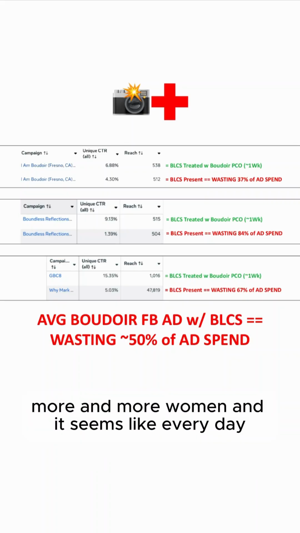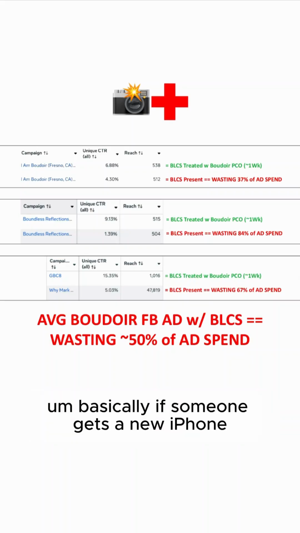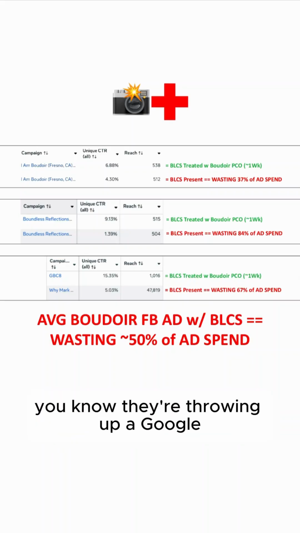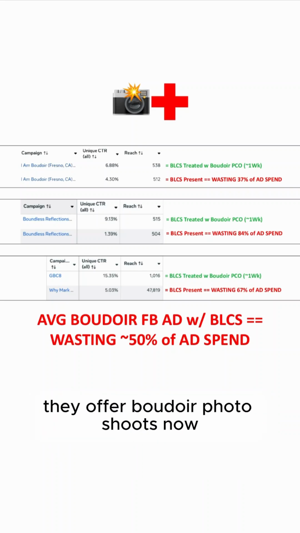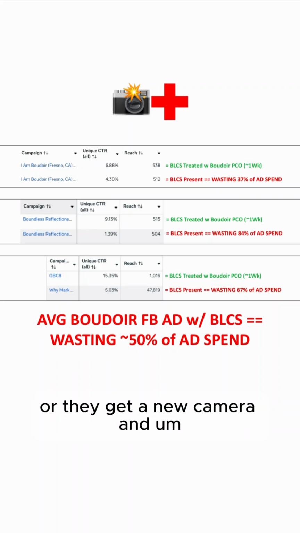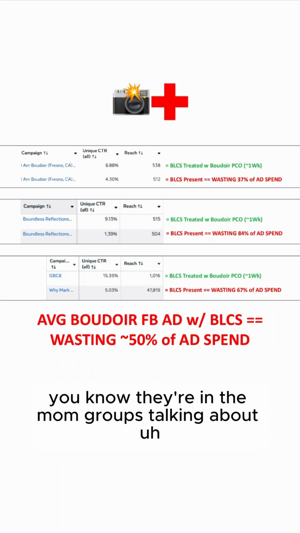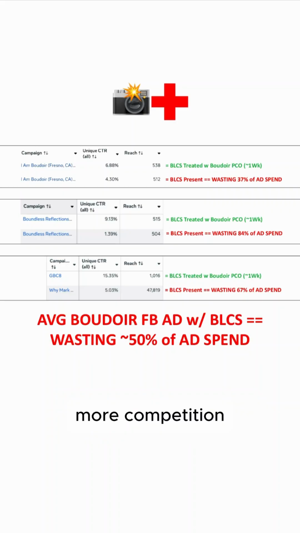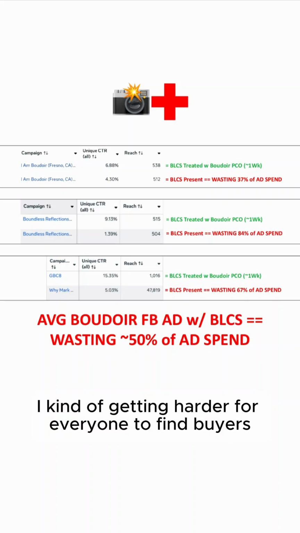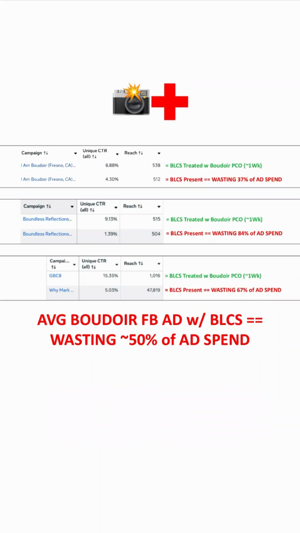It seems like every day, if someone gets a new iPhone, they're throwing up a Google My Business profile saying they offer boudoir photo shoots now, or they get a new camera, and they're in the mom groups talking about how they shoot boudoir now. So more and more sellers, same number of buyers, more competition, kind of getting harder for everyone to find buyers.